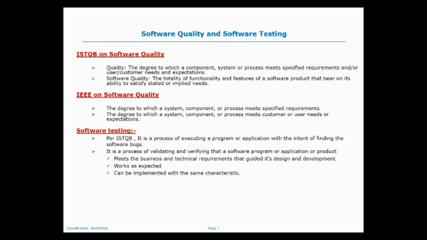Okay, so this is what exactly quality is, right? When we go for software quality, in the software industry the customers, end users and certification bodies are the people who actually dictate the terms and conditions of the product when it is being launched.